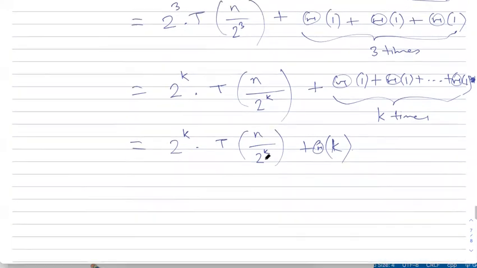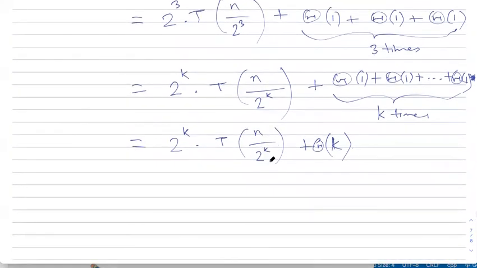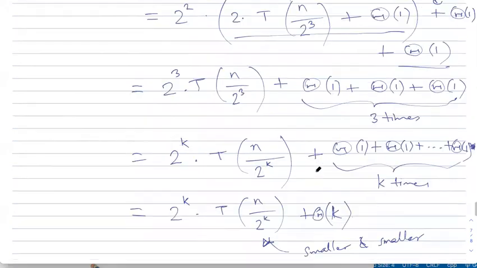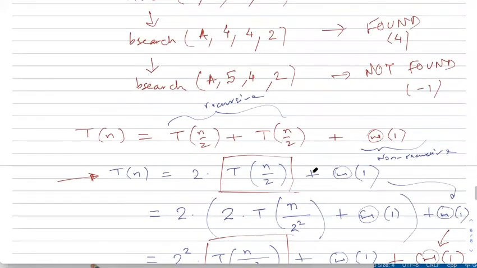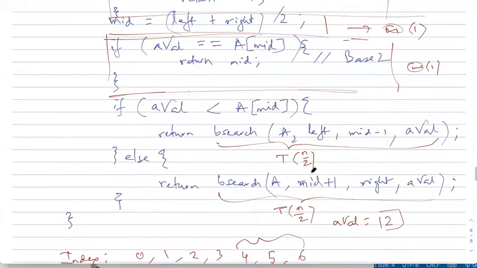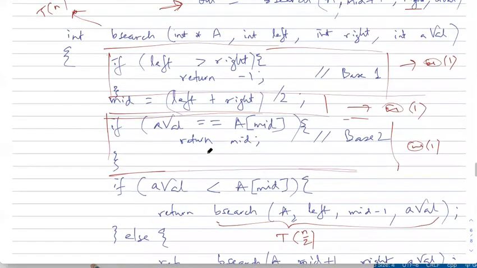One thing that you can see is that at every step we are dividing by 2, right? So this particular term is becoming smaller and smaller at every step, correct? But there is something that we already know: the exit condition.